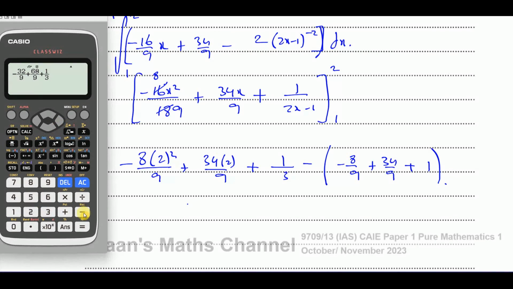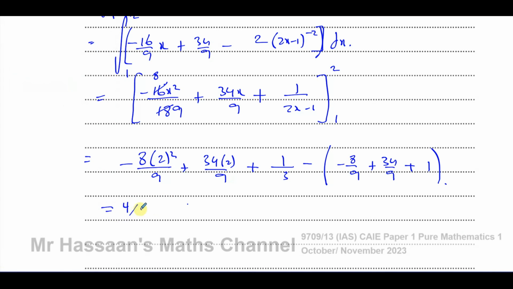And we have to take away from that, don't forget the minus as well, this minus 8 over 9 plus 34 over 9 and then plus 1. And that should give us exactly the same answer, 4 over 9. So therefore the area is 4 over 9 square units.